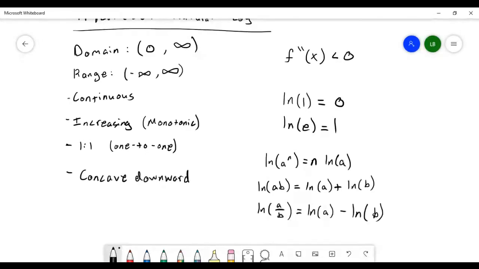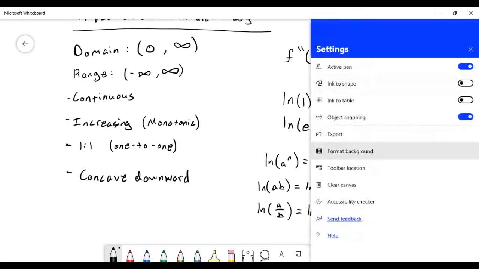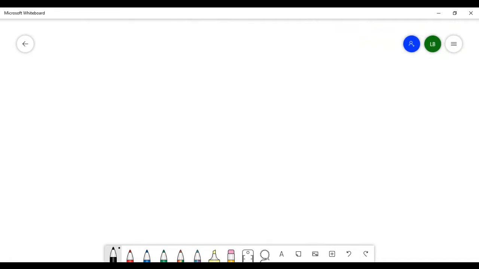Cool. In that case, let's go ahead and do a few integrals involving the natural log. Here are a few practice problems for you guys. There are going to be a lot more practice problems today than usual, just a word of warning.